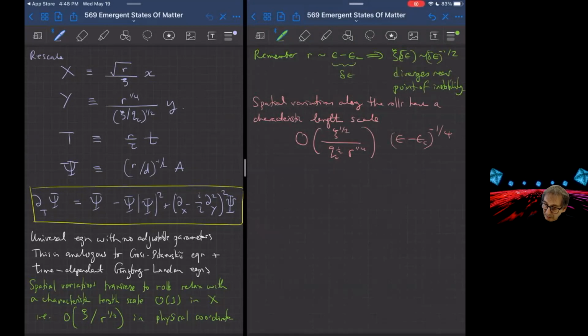And similarly, if I look at the timescales, that's on the scale of order tau over r, i.e. delta epsilon to the minus 1 power. And so this is, again, extremely similar. The same results happen near a critical point in a phase transition.